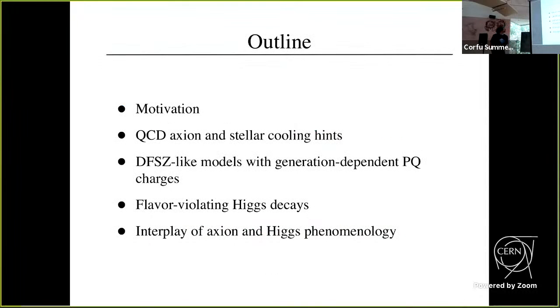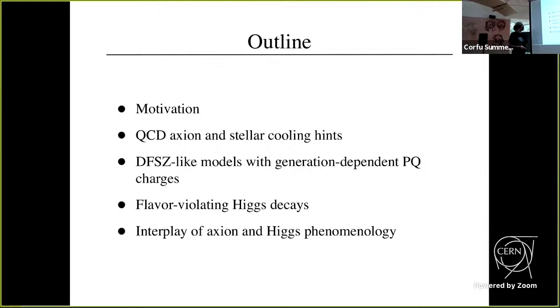Okay, so this is my outline. After a brief motivation for my work, I will discuss the QCD axion and how it can explain the so-called stellar cooling hints, which I will also discuss briefly. Then I will introduce or review briefly DFSZ-like models where particularly the charges of fermions are generation dependent.